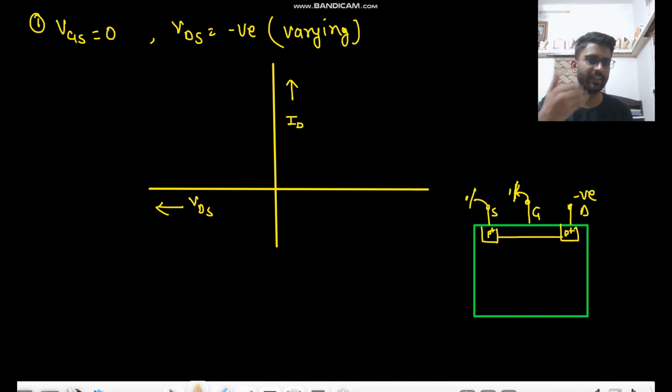If we are increasing the VDS in negative direction, what will happen here is that this is a diode like this, right?